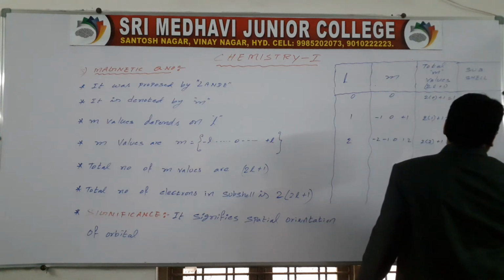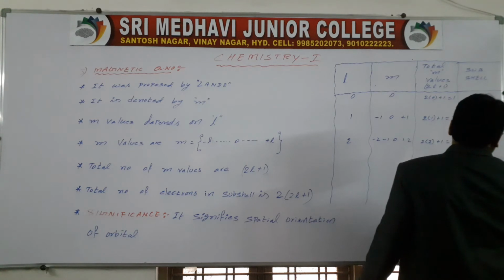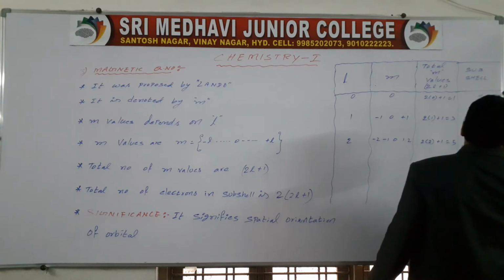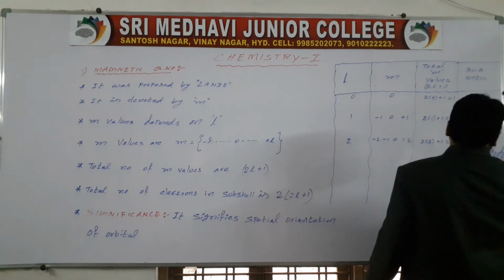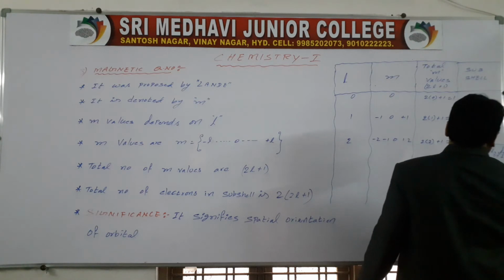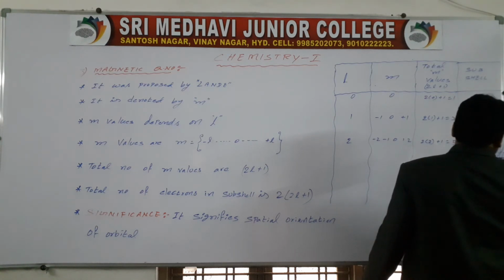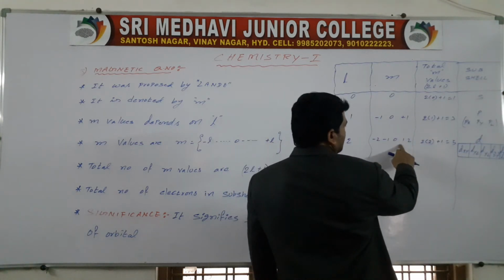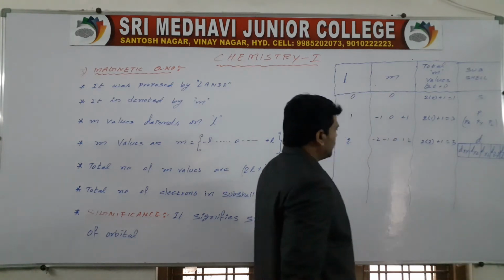D contains Dxy, Dyz, Dxz, Dx²-y², Dz². So this is the way it contains 5 orbitals, and we may distribute these 5 m values to 5 orbitals.